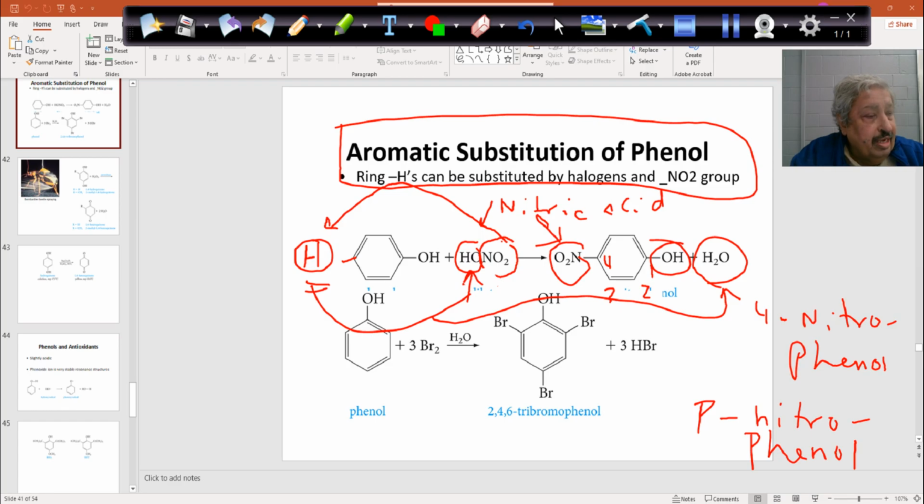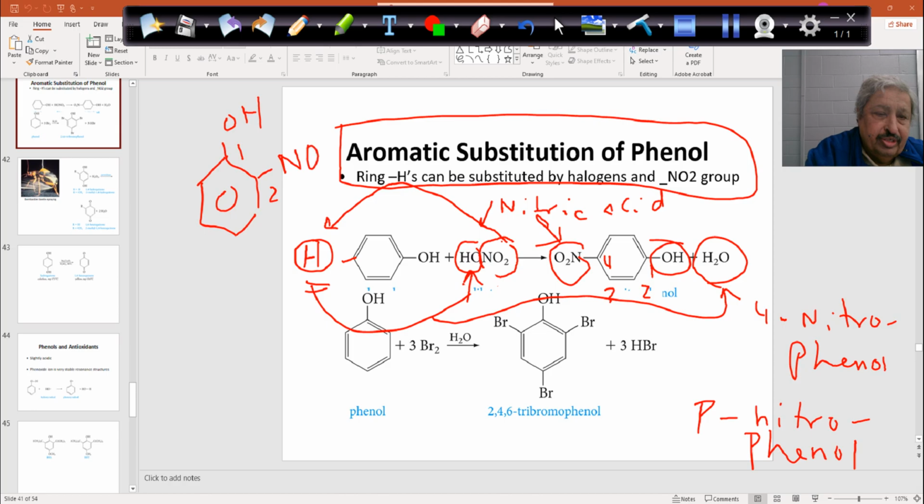Did I mention that we have para, ortho, and what? And meta. If I have something like this, that's a phenol. If the nitro group is at 1 and 2, that's called ortho, or just abbreviated o.